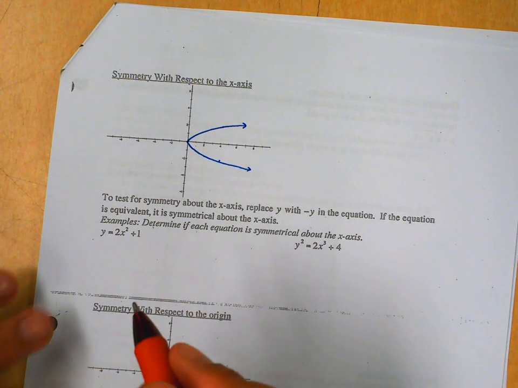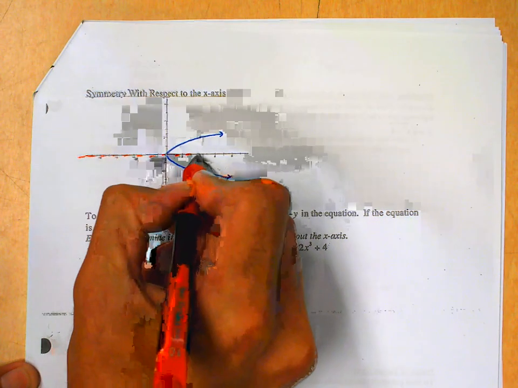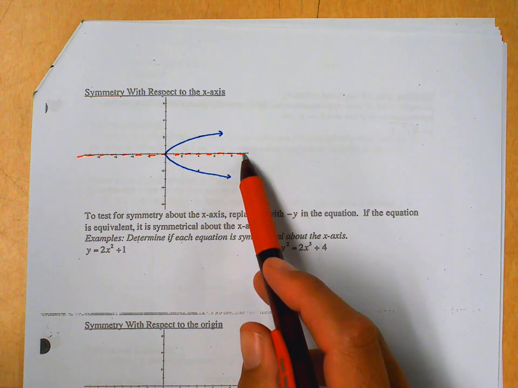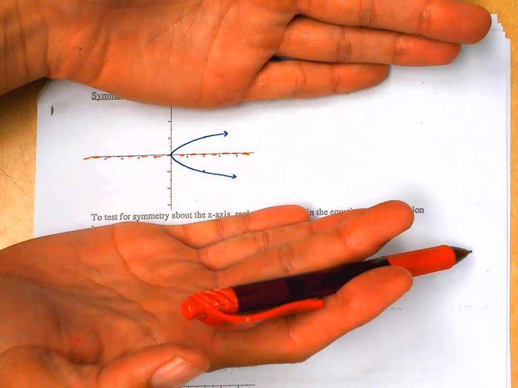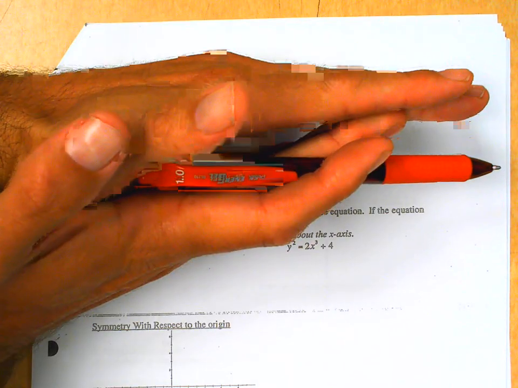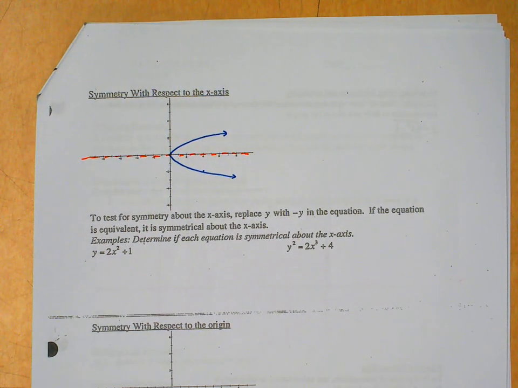Again, my hand drawing may not be perfect, but that's okay. Now you can see if I could fold the paper on the red line, these two pieces of the graph would just fold right on top of each other if I just creased it on the red line. And so that's symmetry about the x-axis.